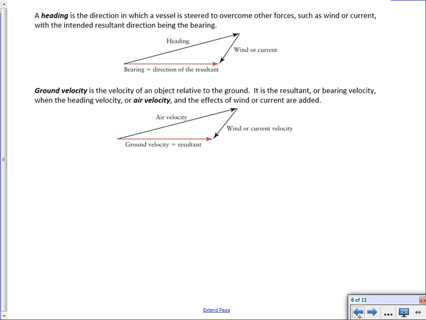So the idea here is, it doesn't only happen in cars, but anytime you're traveling in a mode of transportation that either wind or current could affect your motion, you have to adjust for that when you aim your boat or you aim your plane, so that you end up where you need to.